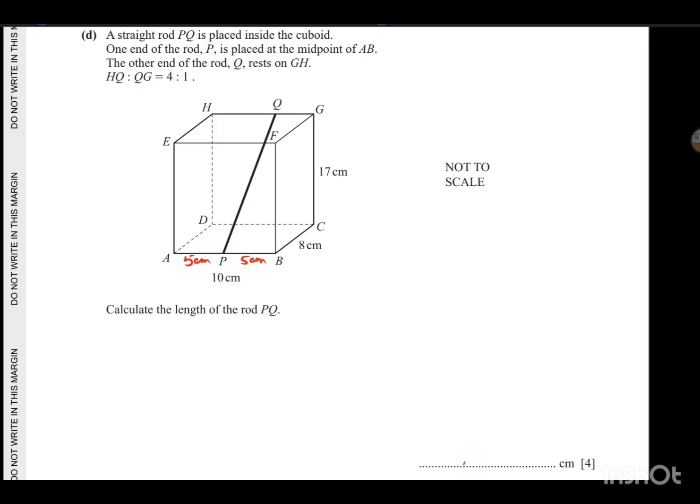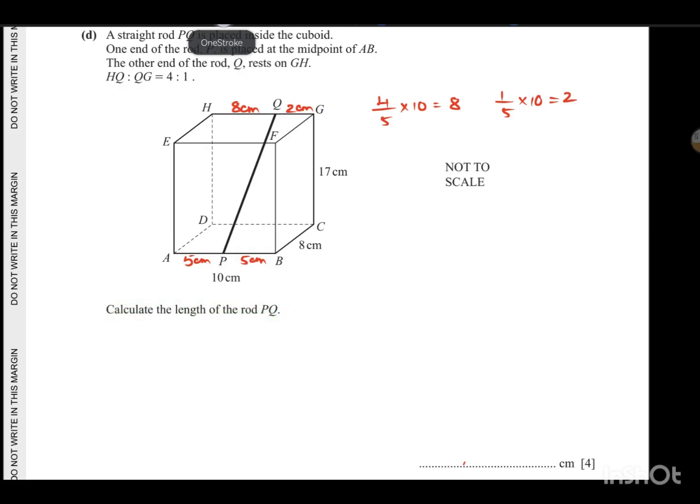This is 5 and this is completely 10, and 4 parts out of 5 parts into 10 will be 8. So this will be 8, and 1 part out of 5 parts into 10 will be 2. So this is 2. We got this now. So what they are asking in the question here, calculate the length of the rod PQ. So we need to find the length of this rod.